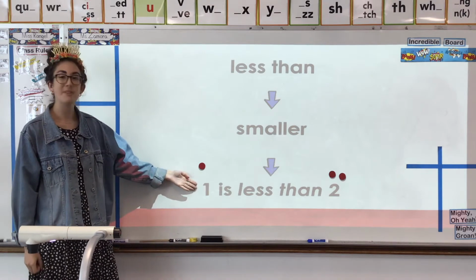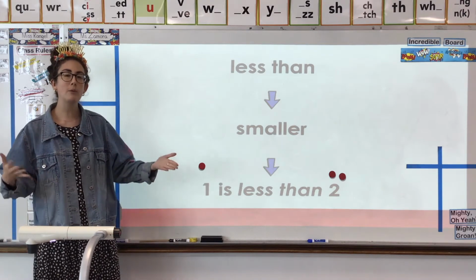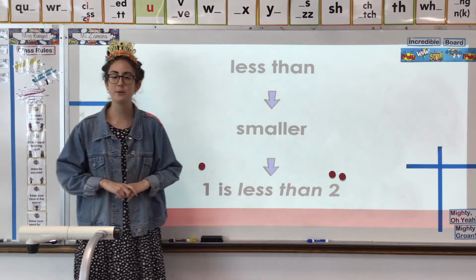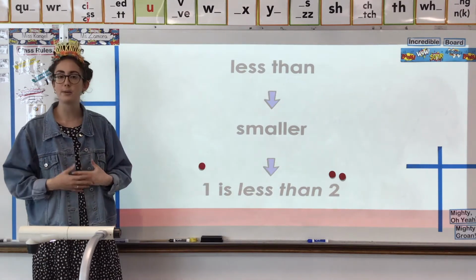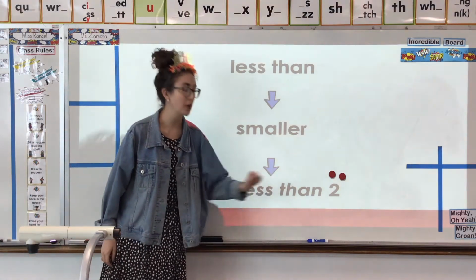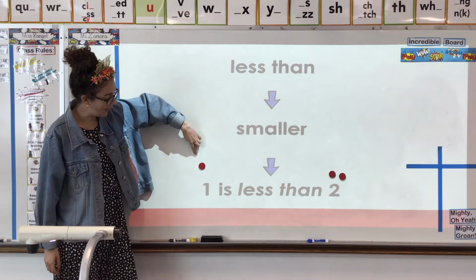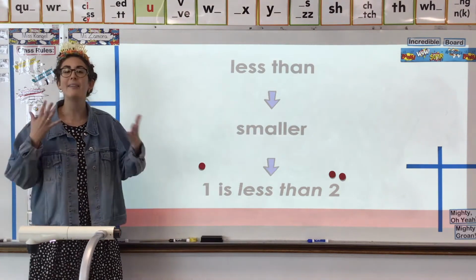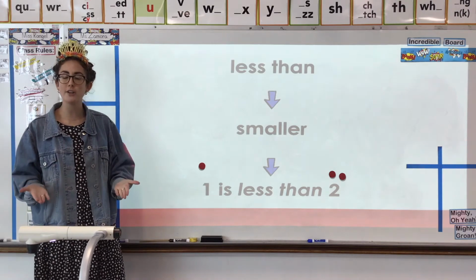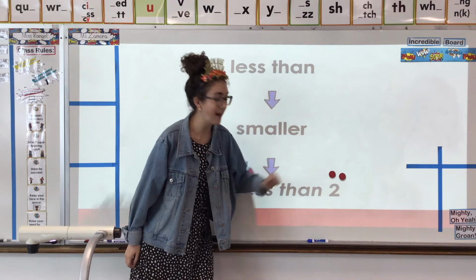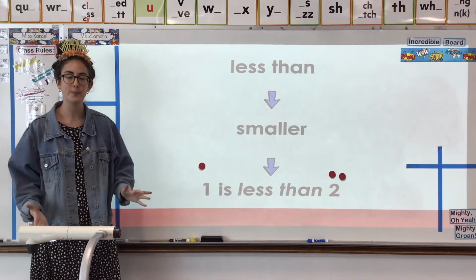So we have the number 1, and when we compared number 1 to number 2, we figured out that their relationship was 1 is less than 2. 1 is smaller than 2. And that depended on our knowledge that we knew 1 has a smaller value than the digit 2.